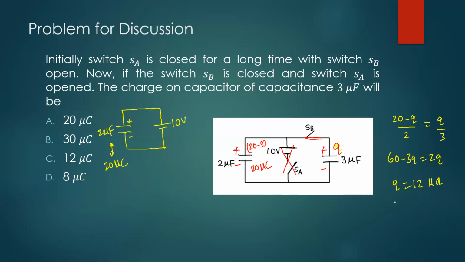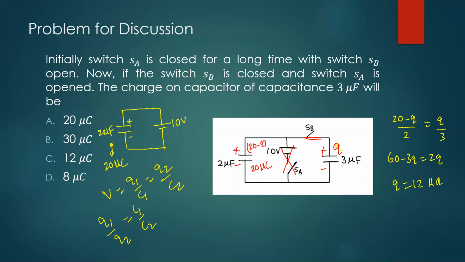You understand this? Yeah. And then you should also do it slightly differently. I mean, you can do this orally. See, the potential is same. If the potential is same, you write potential as Q1 by C1 is equal to Q2 by C2, right? So mentally you can get that the ratio of the charges is proportional to the capacitance.